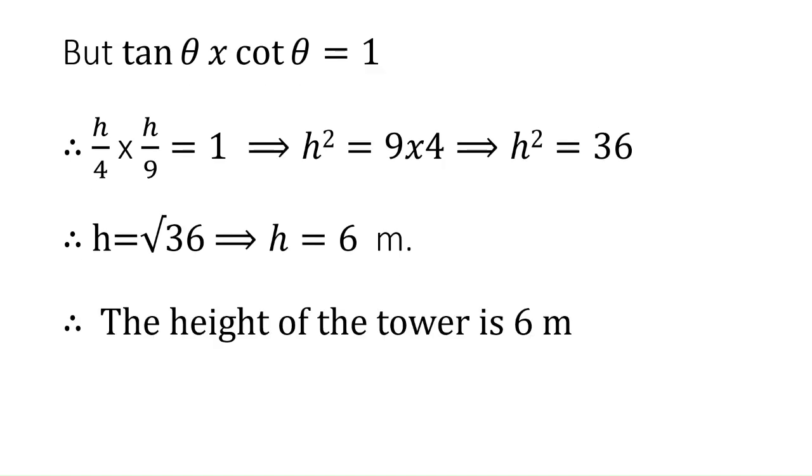After simplification, what do we get? We get h square is equal to 36. So h is equal to root 36, that is 6. So the height of the tower is 6 meters.